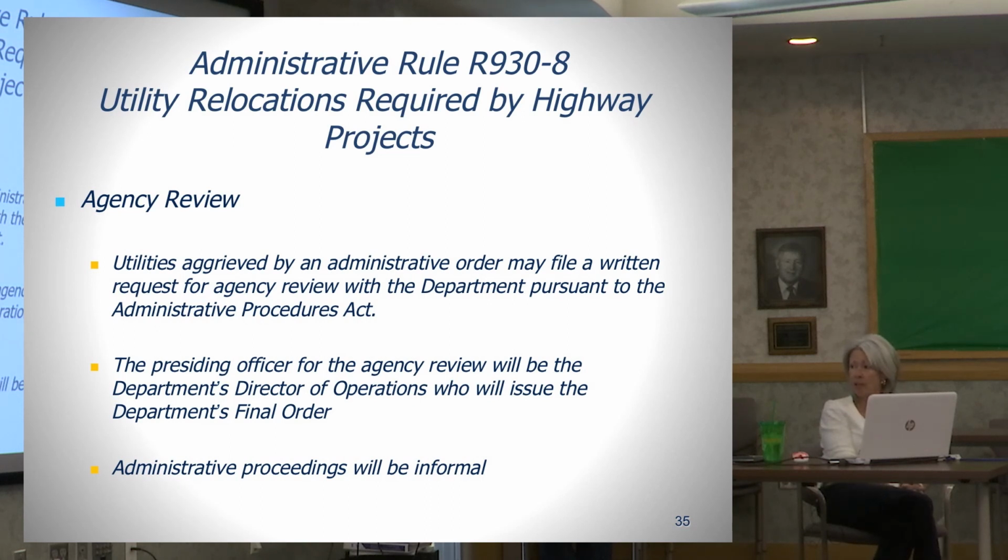The presiding officer will be the department's director of operations, so it shifts over to out of project development if there's going to be a review of the appropriateness of the administrative order and the pursuit of any of the remedies against the utility company. And the administrative proceedings for the review are informal. We're going to get into this a little bit more as we go further.